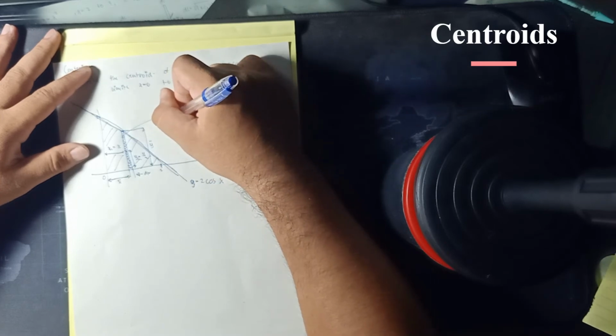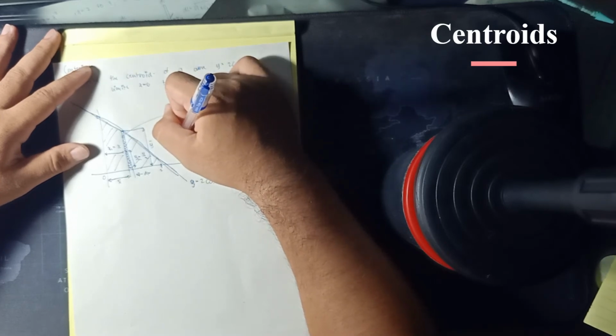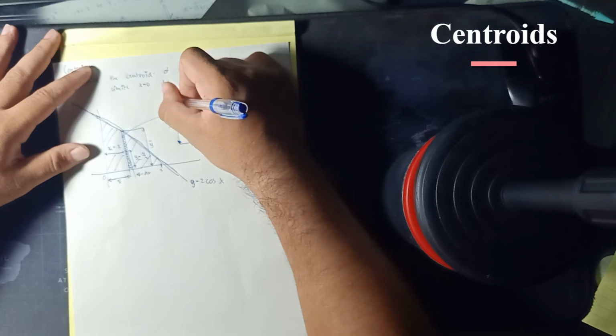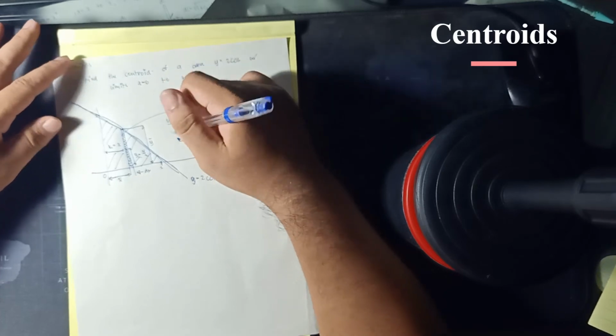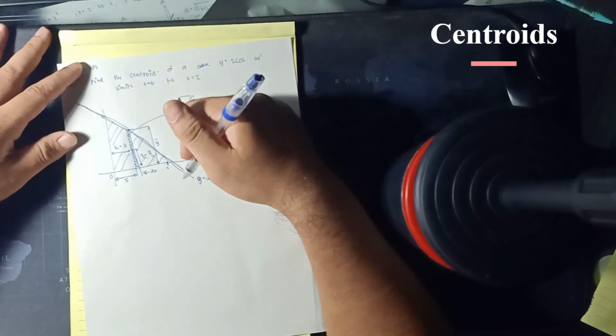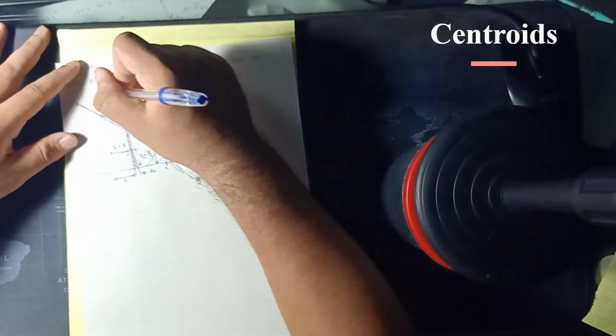You cannot actually put your xc. I forgot, because we're using a vertical strip which is parallel to your y-axis.